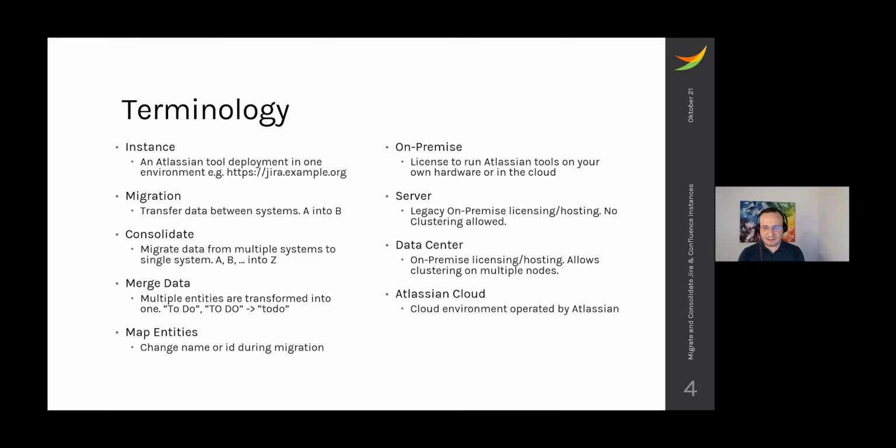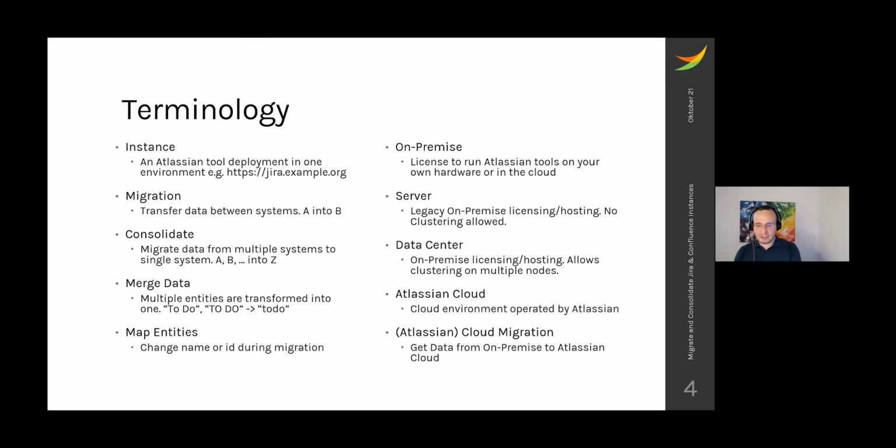And then there is the Atlassian Cloud, which is a cloud environment operated by Atlassian, but it does not run the same versions of Jira and Confluence as you can run on premise. So there are a lot of differences between what you run on your own servers and what Atlassian runs for you. And then there's cloud migrations.